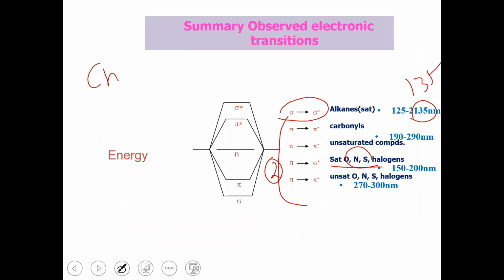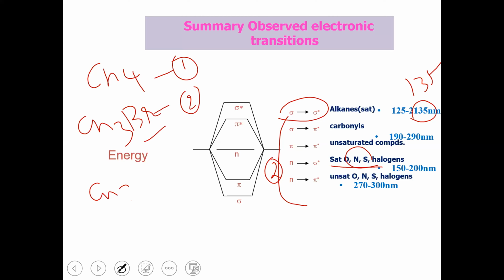For example, the first case is methane, which is an alkane. The second case is a saturated compound with heteroatoms like bromide, or alcohol, CH3OH. So saturated alkanes come under sigma to sigma star, but saturated along with heteroatoms, whether oxygen, nitrogen, sulfur, or halogens like bromide, fall under the second transition, which is n to sigma star.